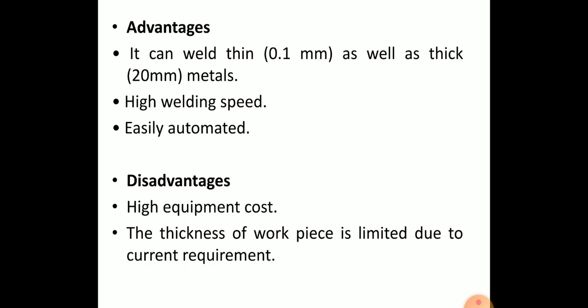Then the advantages of resistance welding. The first one is that it can weld thin metals of 0.1 mm as well as thick metals. Then the high welding speed, easily automatic, and very little skill is required to operate the resistance welding machine. High production rate, so well suited for mass production.